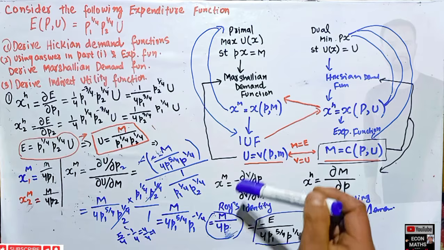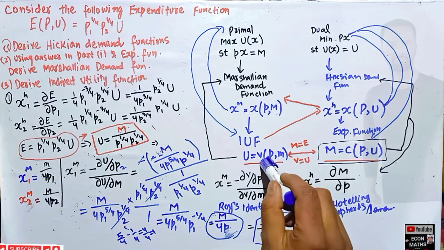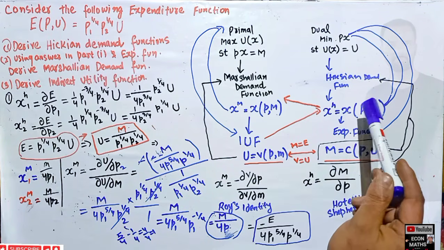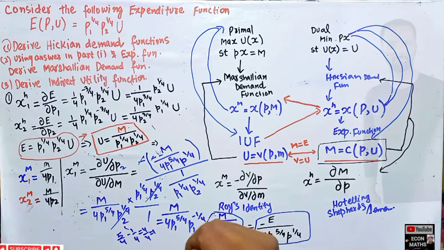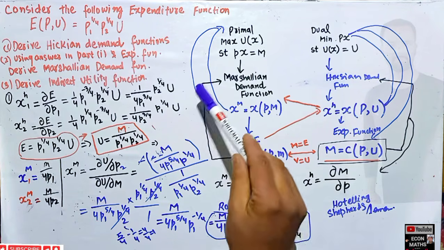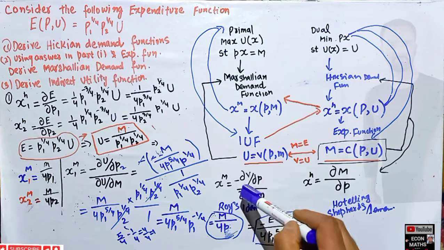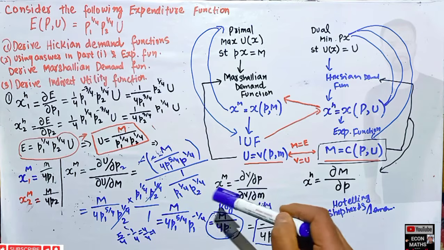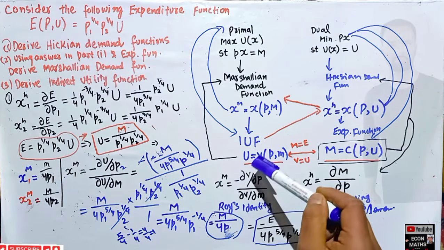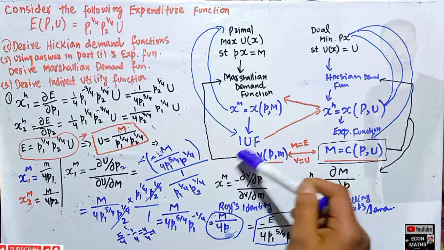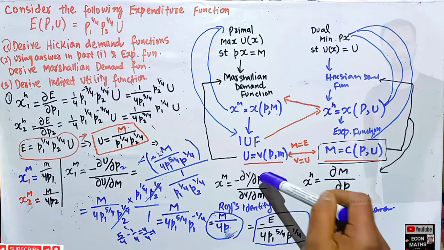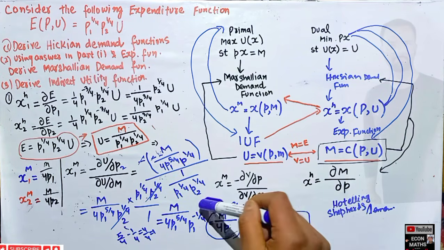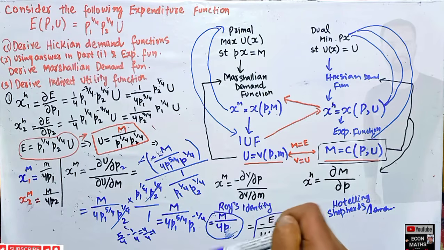Okay, sorry. So either to put the utility from the indirect utility function into the Hicksian demand function to get the Marshallian demand function, or there is another straight way, just to use the Roy's identity. That is, the Roy's identity is the ratio of the partial derivatives of this indirect utility function with respect to price and income to get the Marshallian demand function.